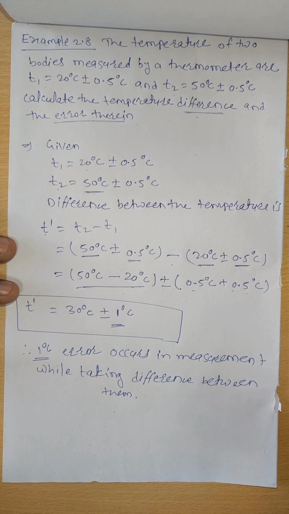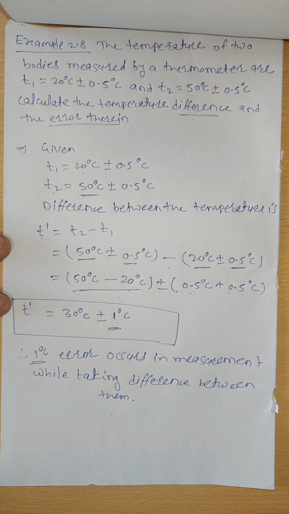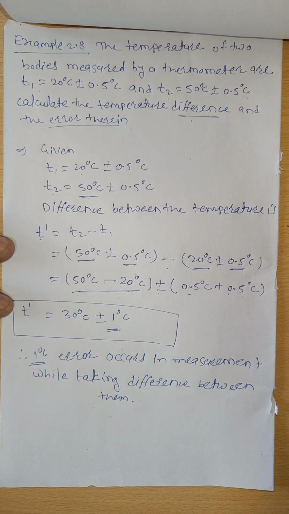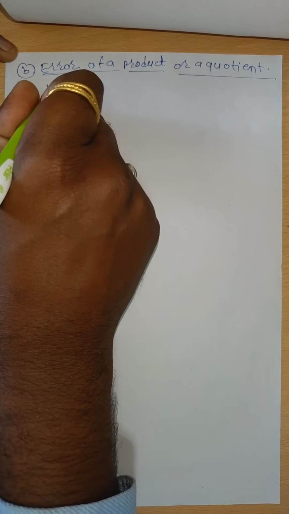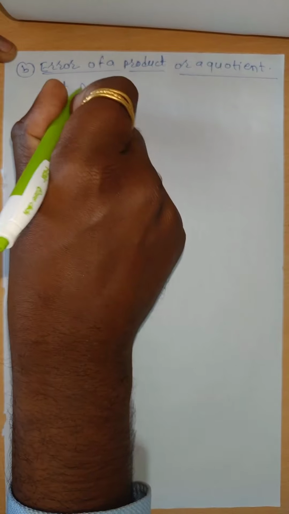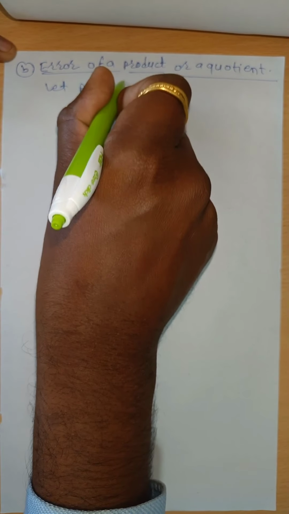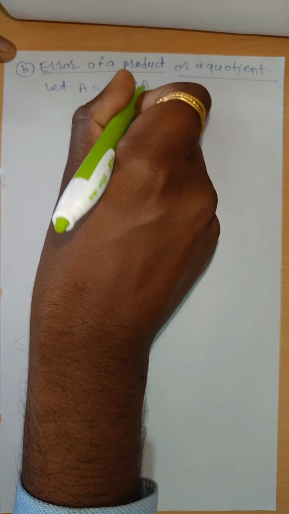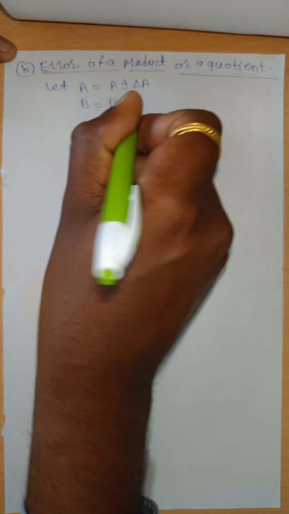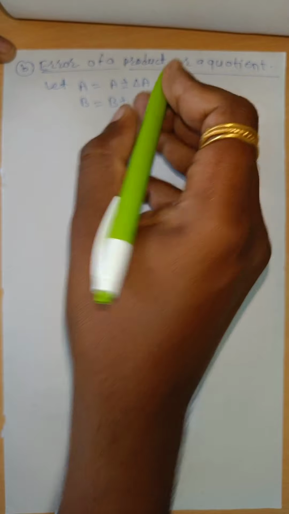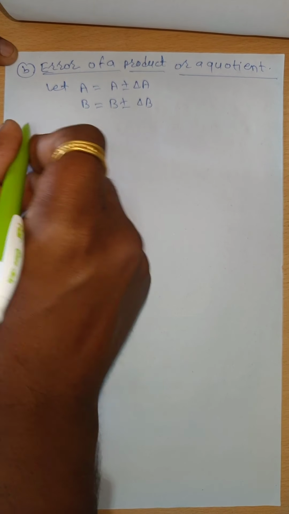While taking the product, that is multiplication of two physical quantities, or division of two physical quantities, what happens to the errors? Now, error of a product or quotient. Let the physical quantity A be measured as A plus or minus delta A, and B be the physical quantity measured as B plus or minus delta B, while we are taking the product.